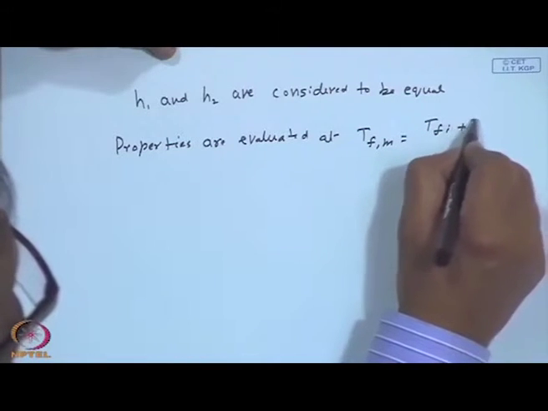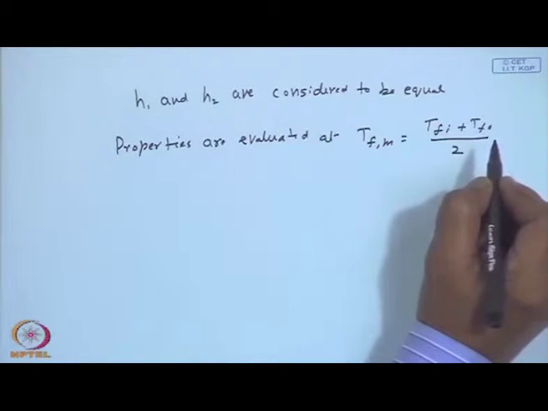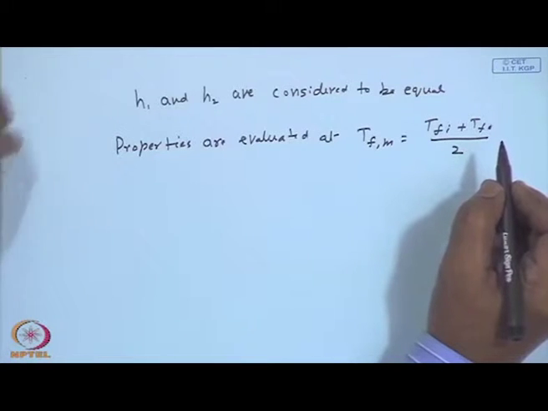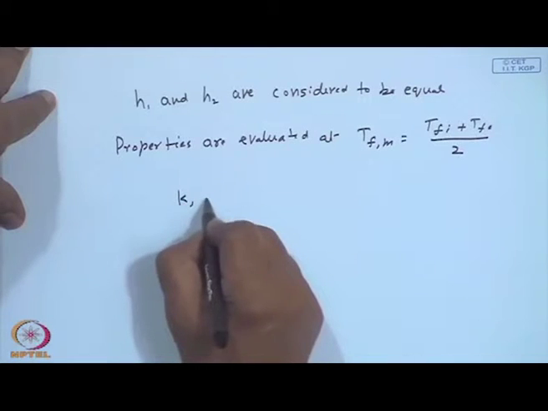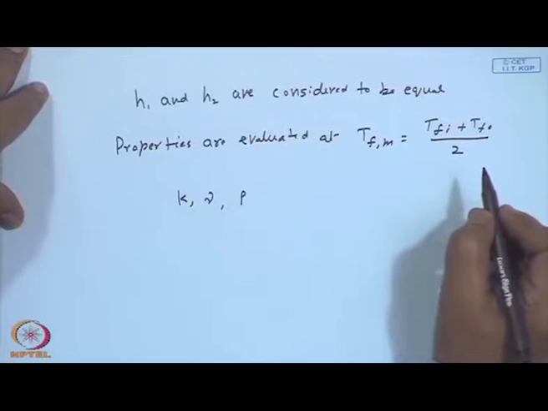If the fluid inlet temperature is T f i and the exit temperature is T f o, the mean temperature T f m is just the arithmetic mean. So, the property values like thermal conductivity k, kinematic viscosity nu, and if necessary density rho, are all calculated for the fluid at the temperature corresponding to T f m.